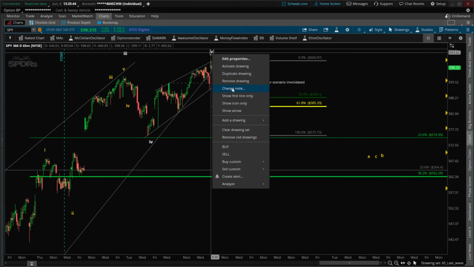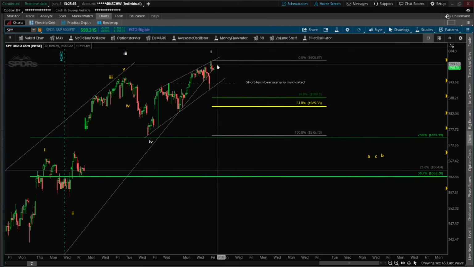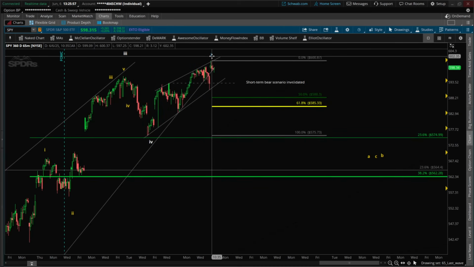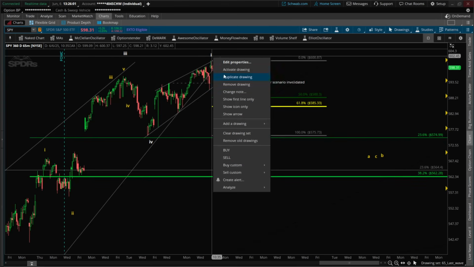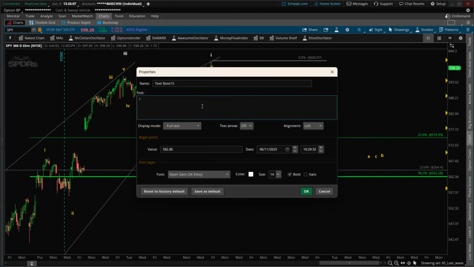We want this to be an extension. So this would be changed to a wave 1. I'll put a little Roman numeral I here for 1. So even if we got a new high here, we're still looking at that being a 1. And then if price action holds around this 50-60, just can't make a new low.